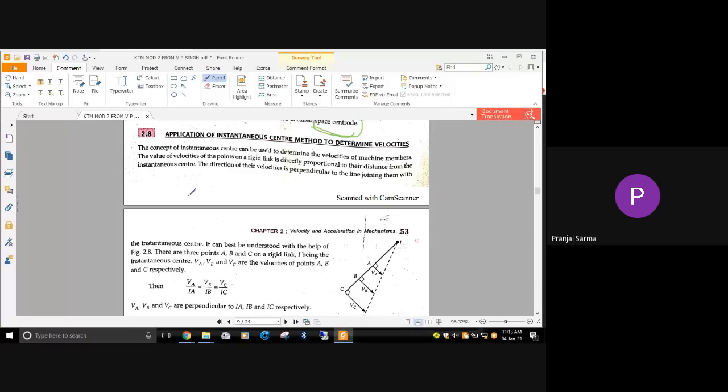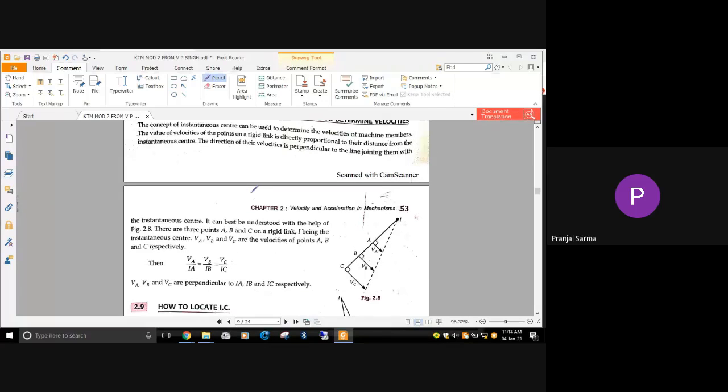This is the concept that we are going to utilize in drawing the velocity diagrams by this method.